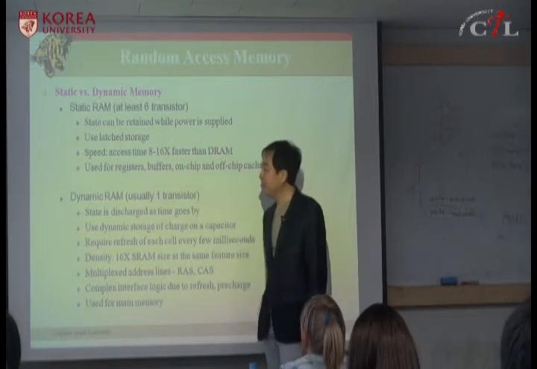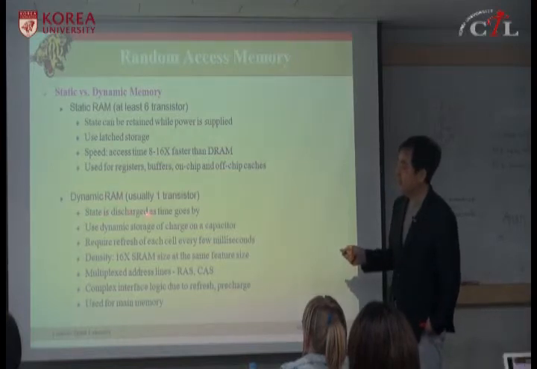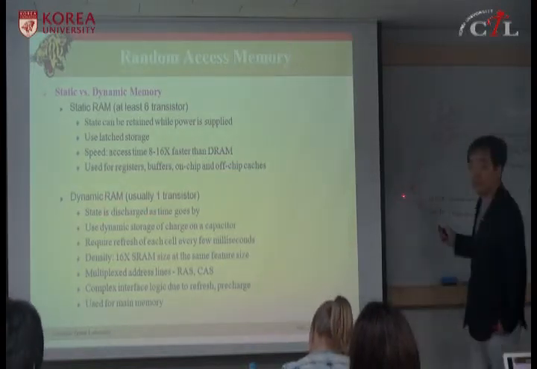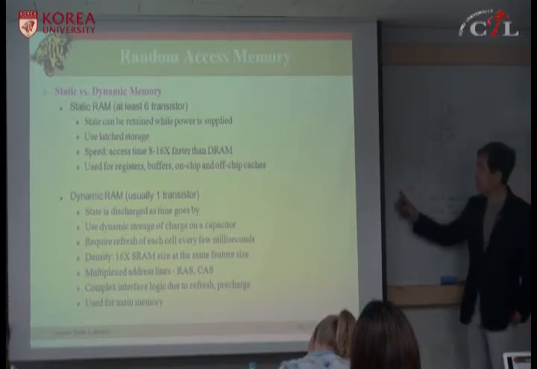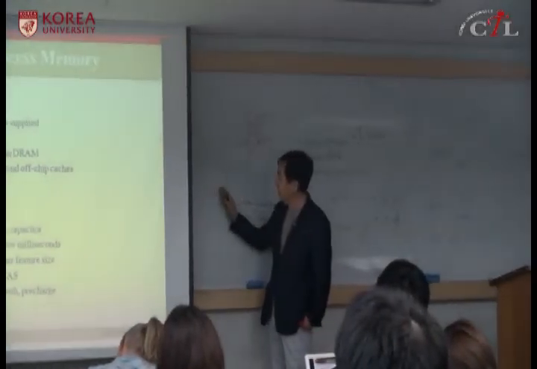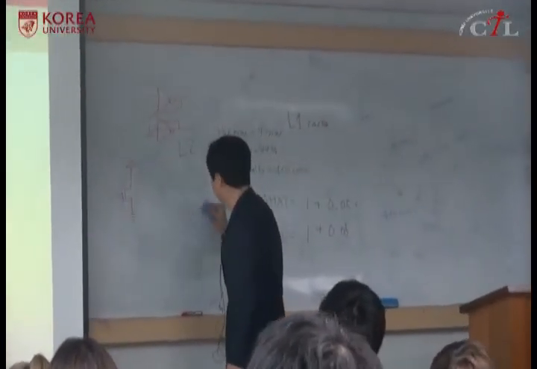Okay, DRAM. The state is discharged as time goes by because it's a capacitor. This is an NMOS transistor. If the gate is high, it turns on, which means this is a switch.